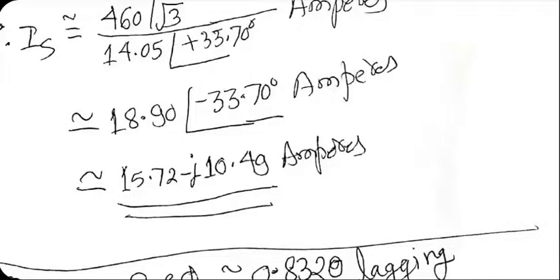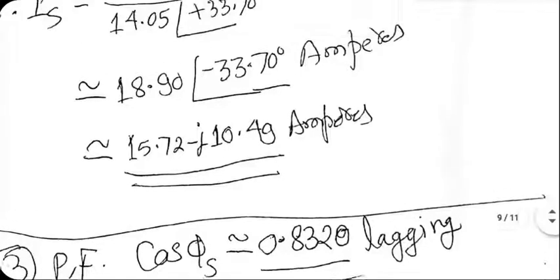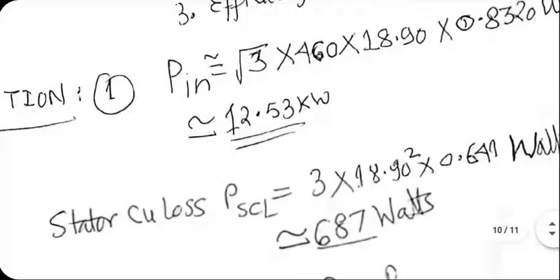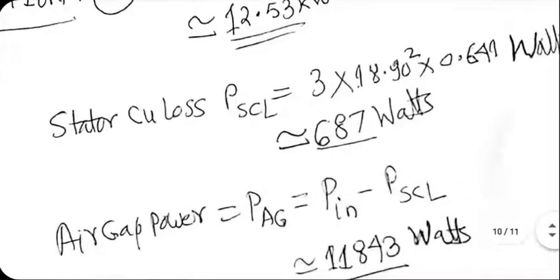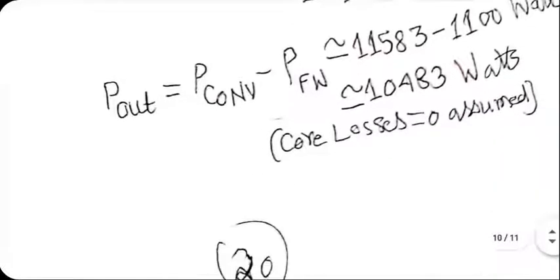In fact, cos of 33.70 will be this number, 0.832. So calculate the input power from this famous formula. Then losses are given, do the appropriate calculations as we did in the previous problem. Also, I'll leave it to you to go through all these calculations carefully to get the total output power.